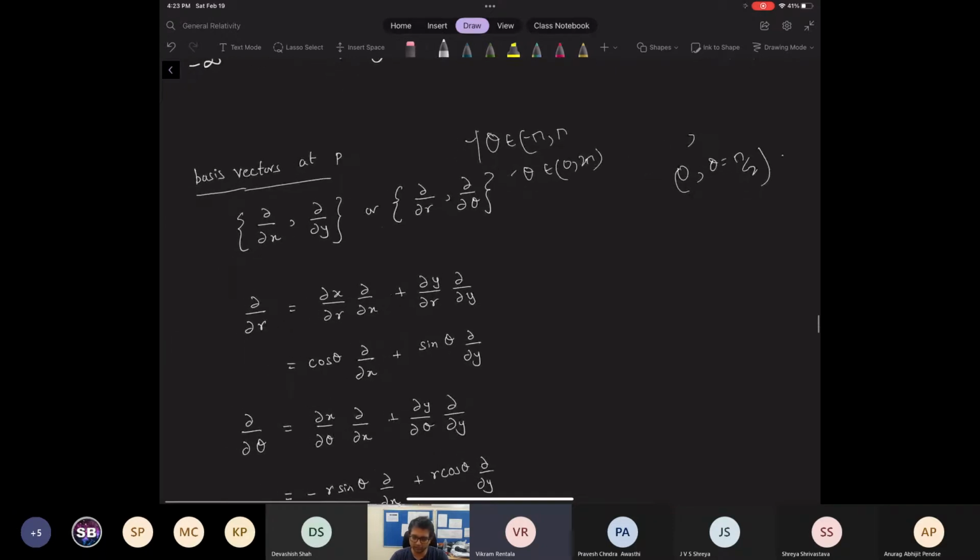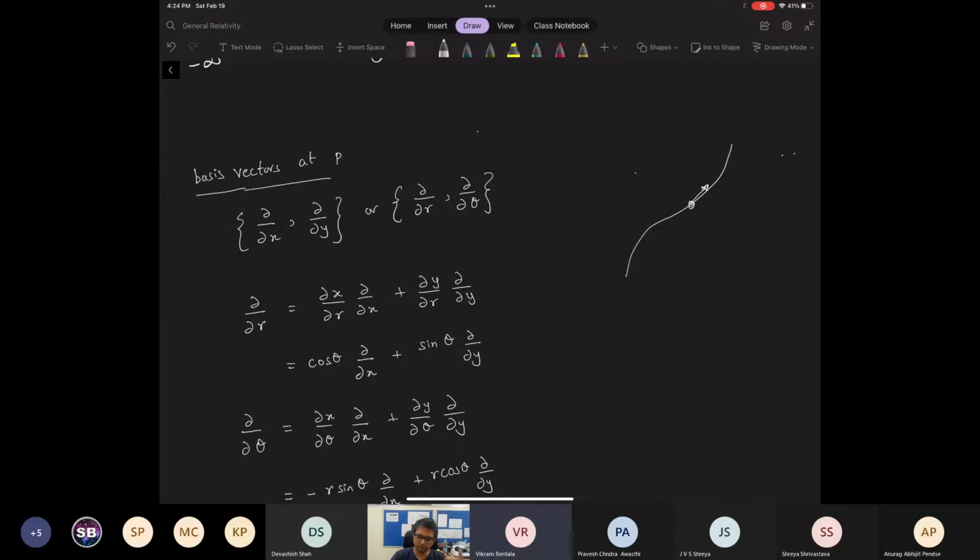Now the next thing we'll do is talk about vectors on this manifold. Here's the idea about vectors. We defined a vector as follows: we take a curve through the manifold, and at every point P we can look at derivative operators, and those derivative operators define a directional derivative.